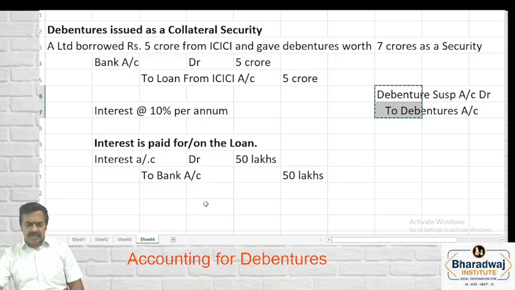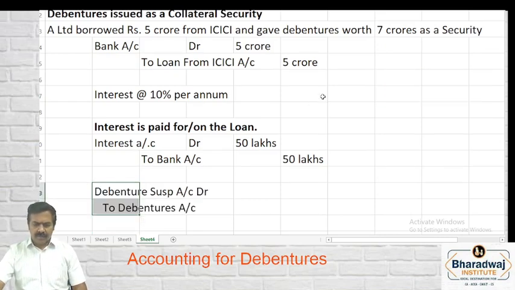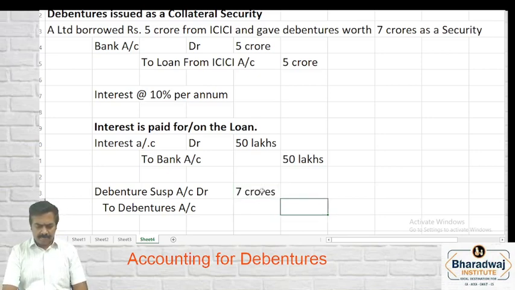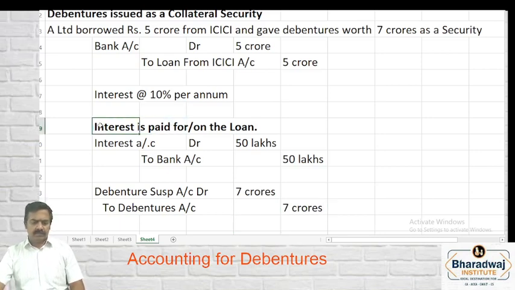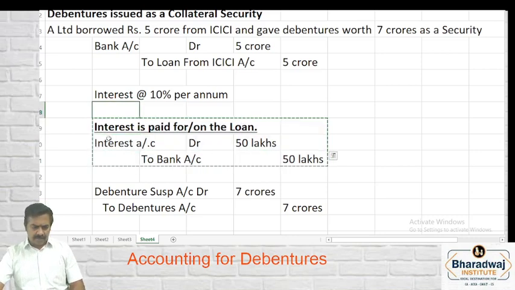For issuing debentures, what entry will we pass? Debentures suspense account debit to debentures account, 7 crores. This interest entry will come at the end of the year.